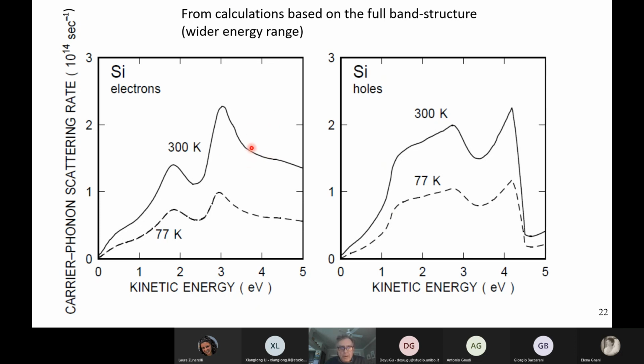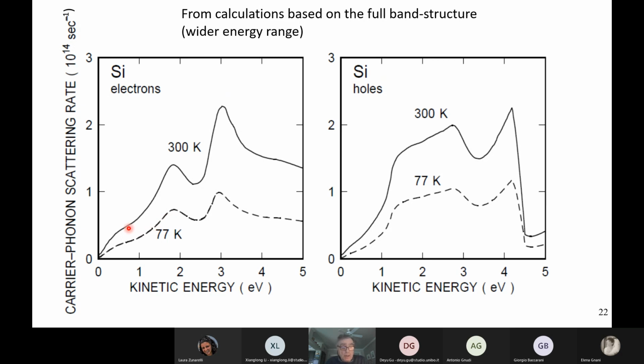Okay, just to show you what happens if you go a little beyond, these are very old results that we got for scattering with electrons and holes in silicon at various temperatures. You see, of course, the temperature dependence. That is not surprising. We had it in a matrix element. You see that at the beginning you have something like a square root, but then at some higher energies, our approximation of considering the band structure as purely parabolic breaks down.